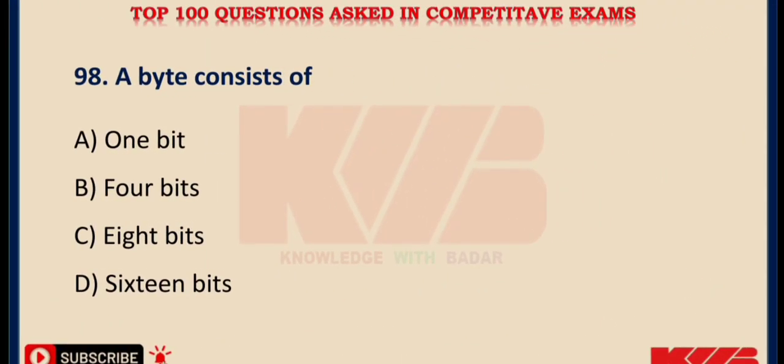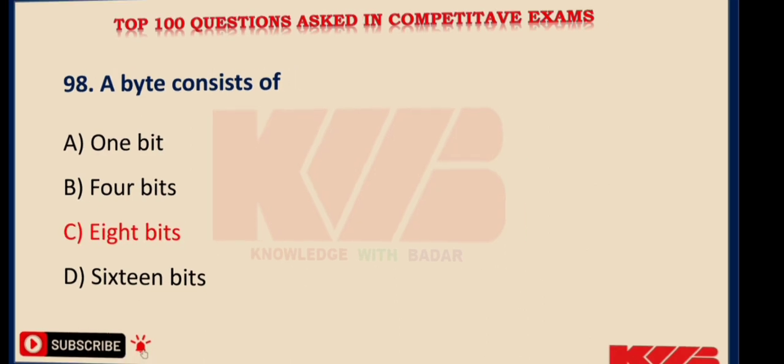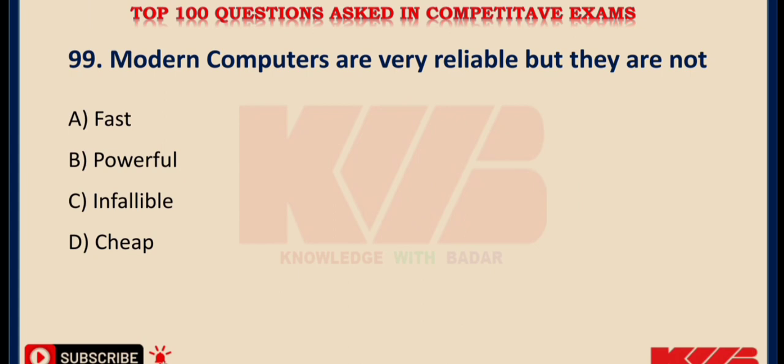98. A byte consists of 1 bit, 4 bits, 8 bits, or 16 bits. And the correct answer is 8 bits. Question number 99. Modern computers are very reliable, but they are not fast, powerful, infallible, or cheap.